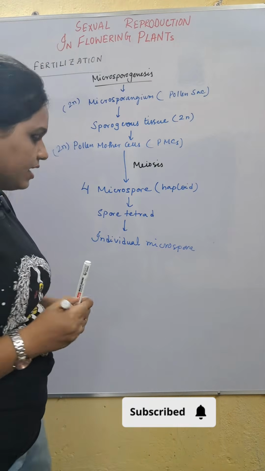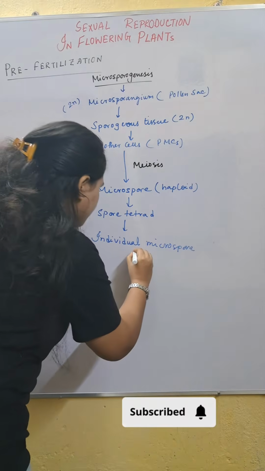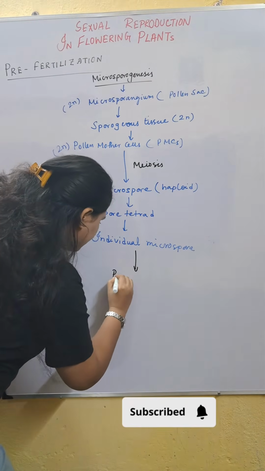Under maturity, these microspores form pollen grain.